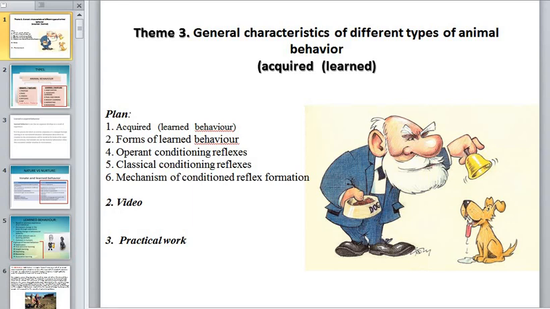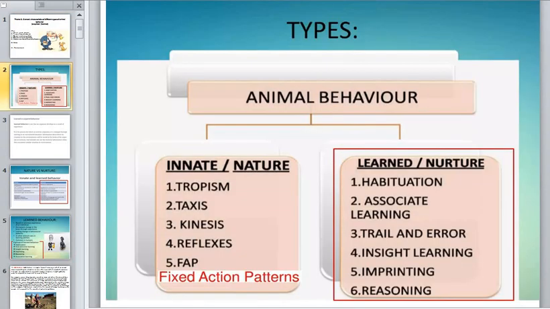Today we have the topic general characteristics of different types of animal behavior, and this is the second part, acquired or learned behavior. And now we return to the slide where we divided the behavior of animals into main types and talk about learned behavior.